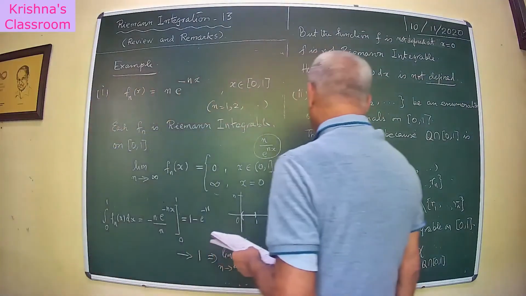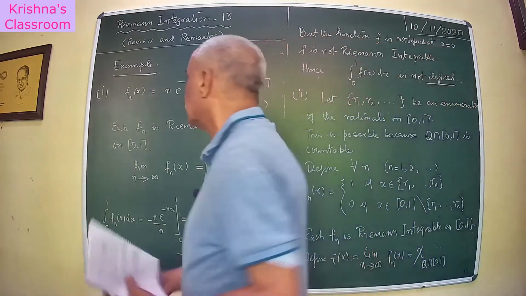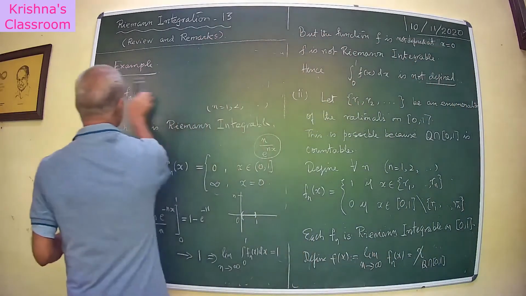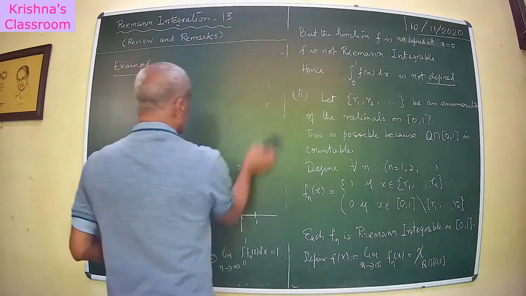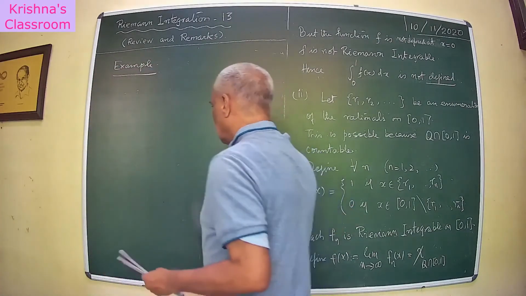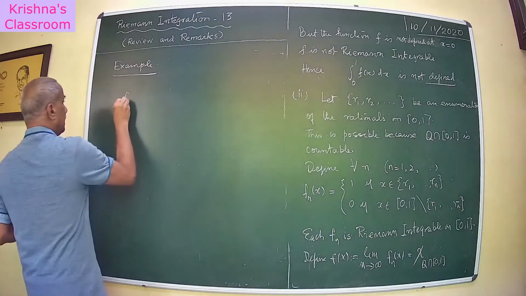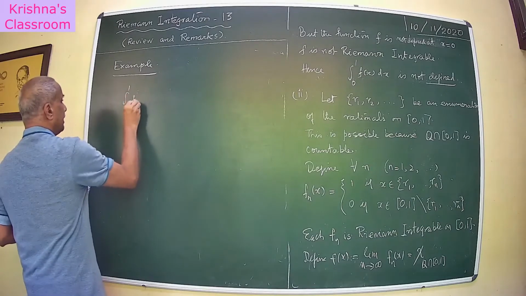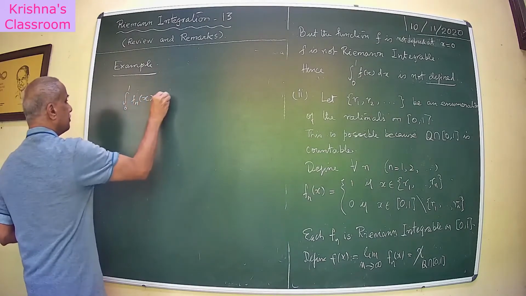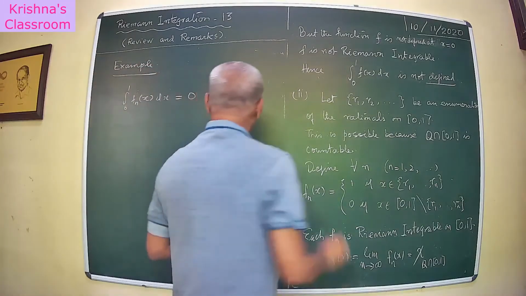Now let us work out the integral. The integral from 0 to 1 of f_n(x) dx is equal to 0. Why is it 0 for every n?